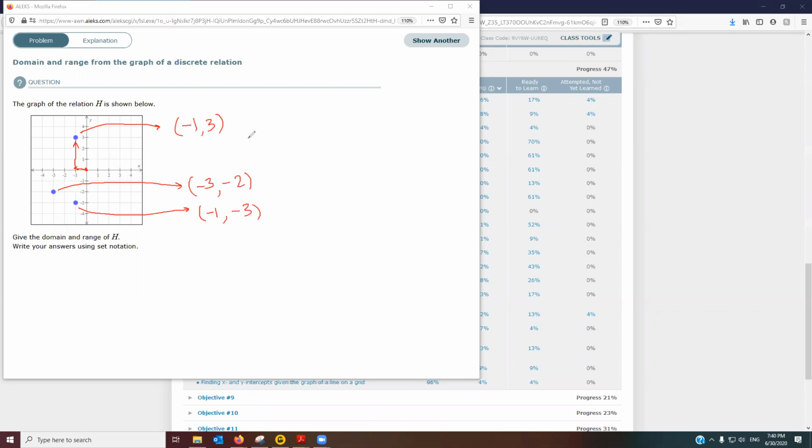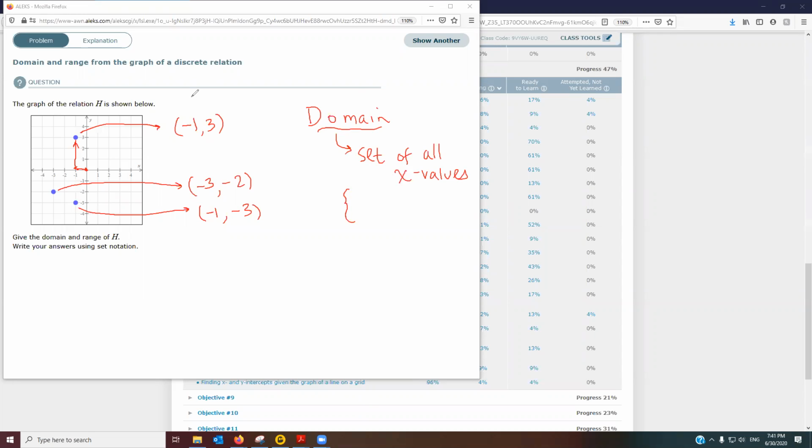All right, now I need to know, what do they mean when they say domain? Domain really is asking you, what is the set of all the x values in the function? Well, in this example, the function is really just defined by these 3 blue dots. So they're really just asking me to list out the x values.